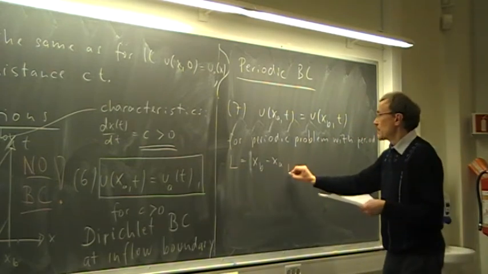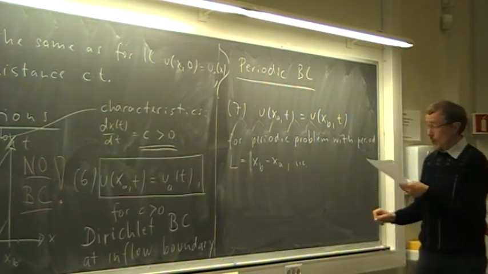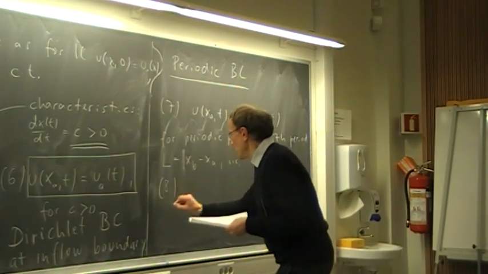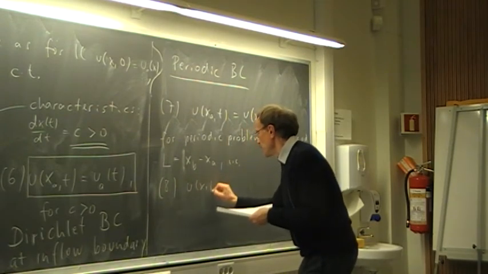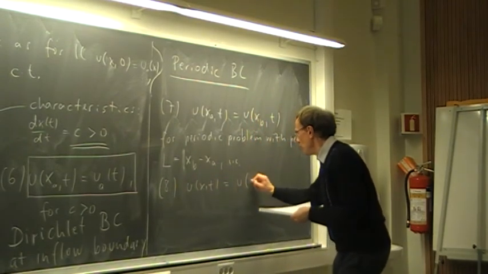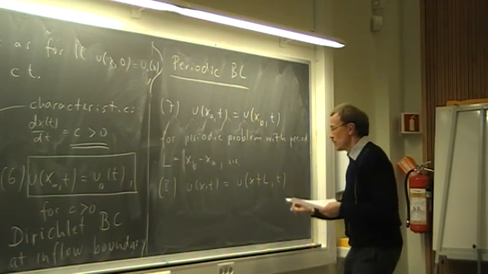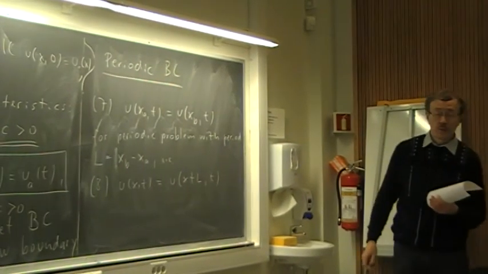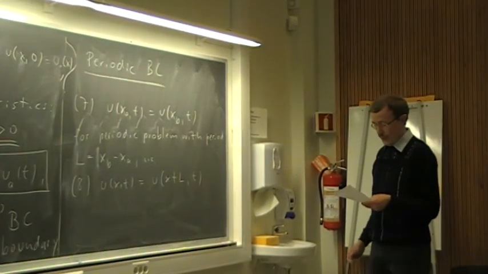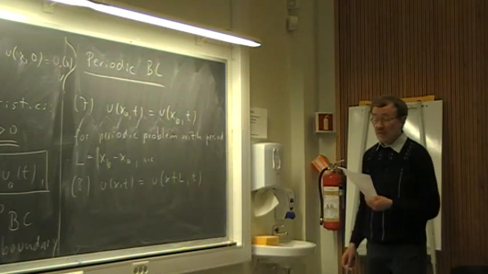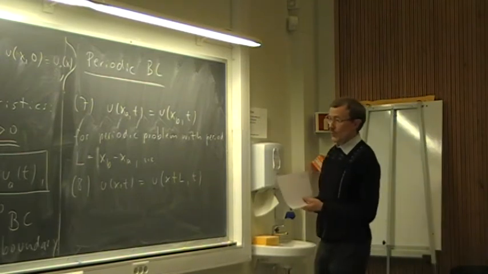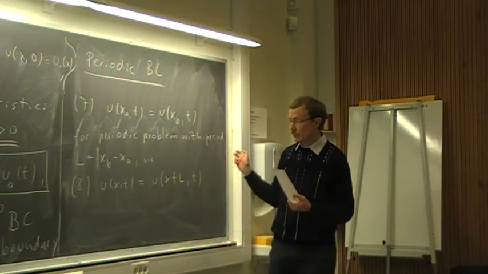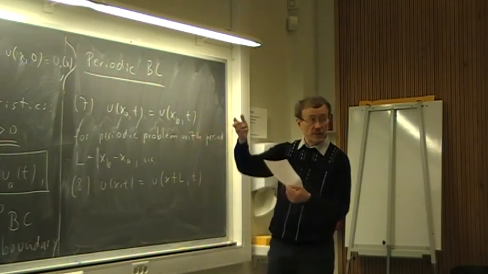So that means that it is also true for the whole x that we have this period, that we have u of x,t is equal to u of x plus L,t. So we can simply add, in this case the period was 1, for the sine or cosine, but it can be anything. So it simply means that when something is leaving the domain, in that case on the right, it is entering on the left.